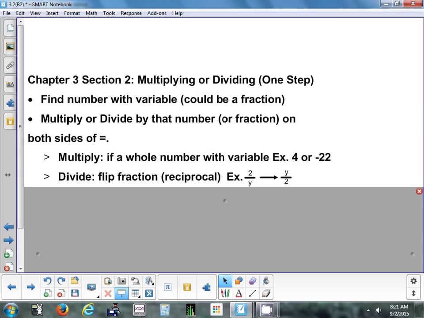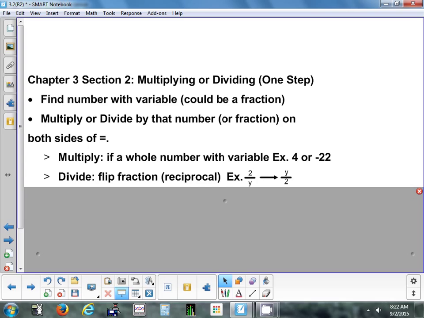Next, we'll multiply by the reciprocal, just like we talked about in the warm-up, just like Mr. Hager just showed you. Some people say flip the fraction, that's fine. Some people get all high-tech in math and say reciprocal. Either one works. However you remember it, that's fine. Remember, keep the sign.